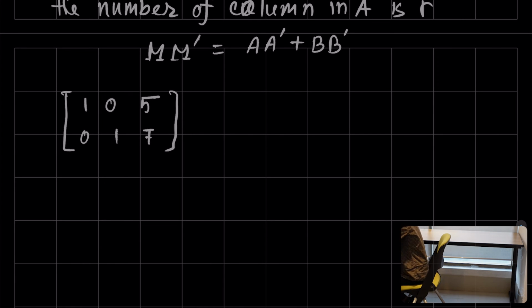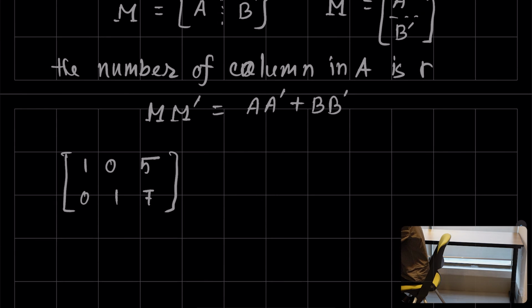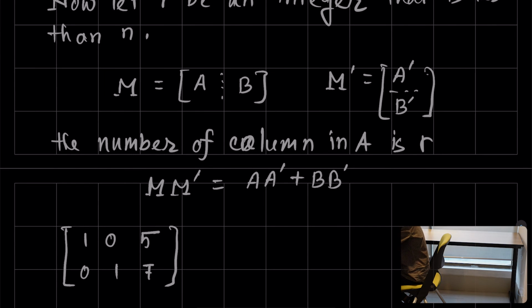I say the number of columns in A is R. So what is the number of rows in A prime? This will be R, and since R is less than N, N minus R is the number of columns in B, and vice versa for rows.